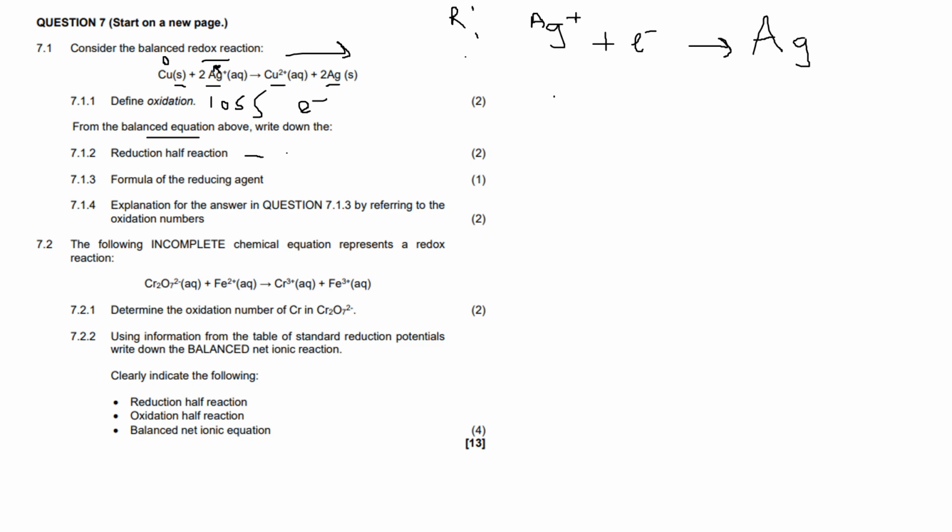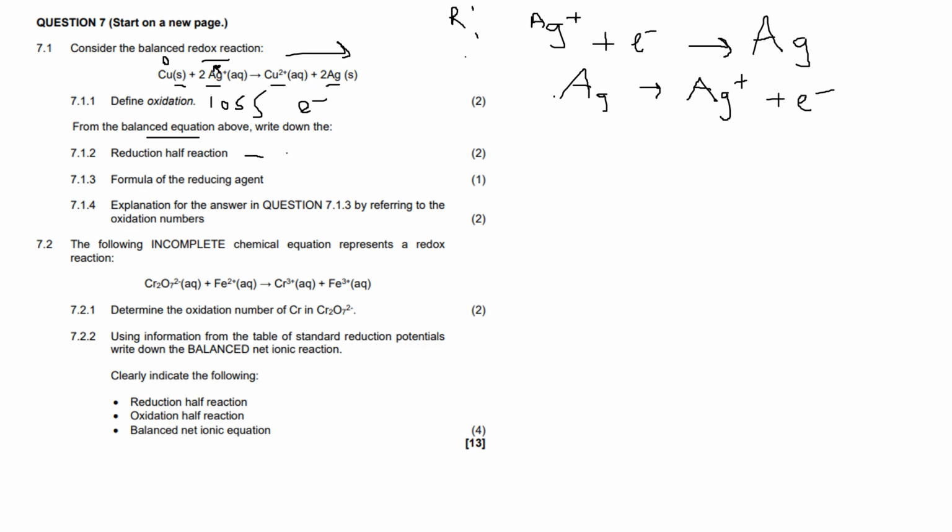But just be careful. If we had found out that Ag is undergoing oxidation, the oxidation reaction would have been like this: Ag would start first, and on the right you would put Ag+, plus e minus. You just reverse the reaction. That would have been the oxidation reaction of Ag.